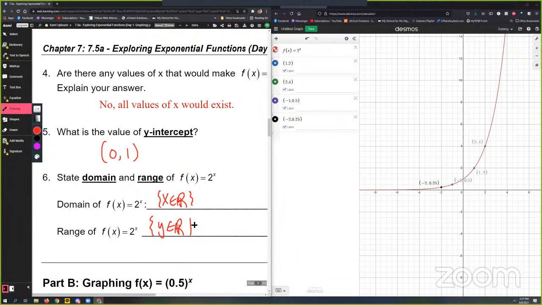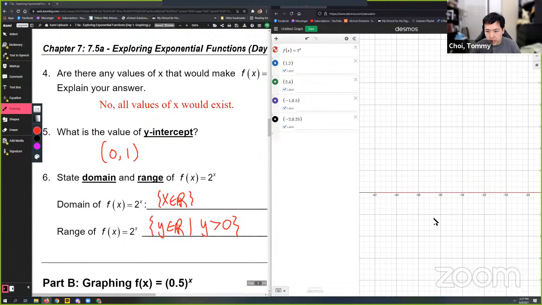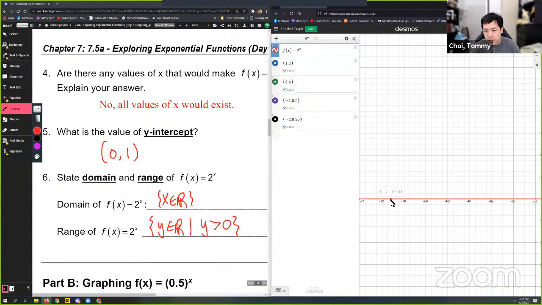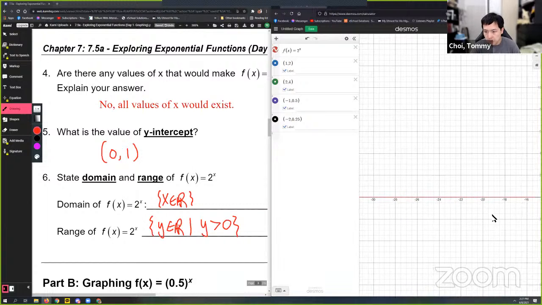Would it be such that y is always going to be greater than 0? Greater than 0. Sorry, not equal to. Greater than 0. Yes, that is correct. It cannot cross 0. We said it never hits 0, so it's above the x-axis at all times. Right? So just to show you that example, if I go all the way down to like negative 100, it says 0 here because Desmos has to round it down to 0, but it's actually an extremely small decimal value.